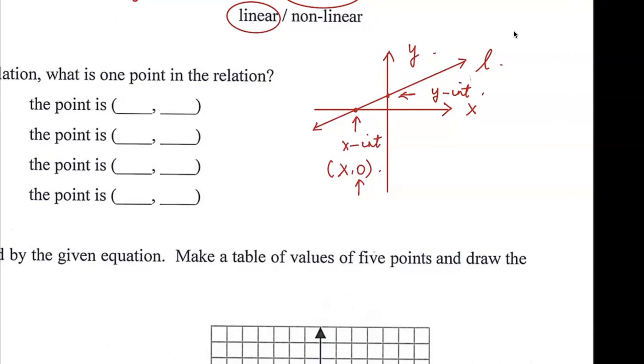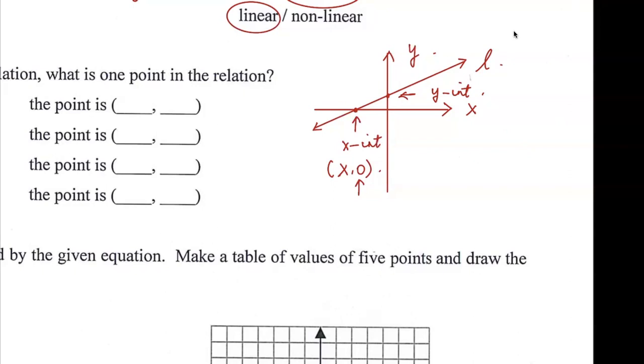Because the x-intercept is the intersection of the straight line and the x-axis. So the point here is always on the x-axis, which means the y value is always 0.